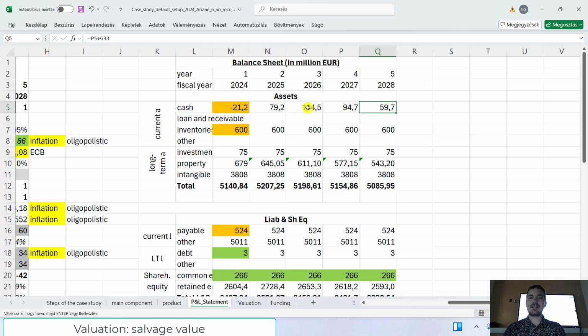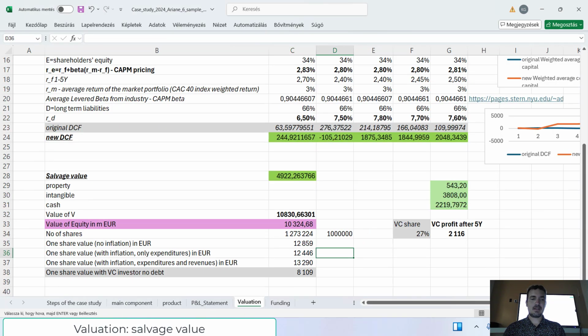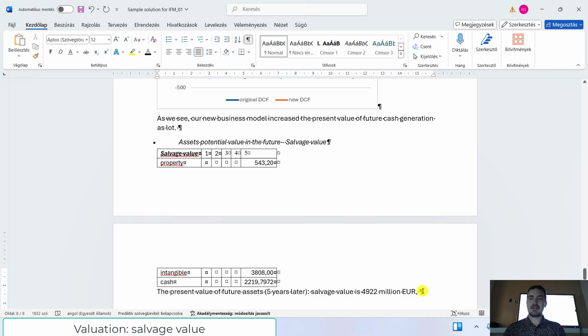But we can see that the cash reserves are shrinking, so they will die horribly. After that, we can see that they are valuable because the intangible things are valuable. So this is the sad reality, which is higher than the original one.